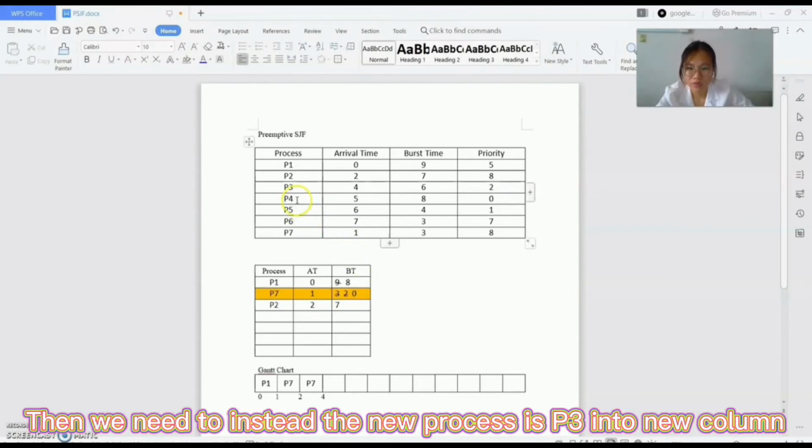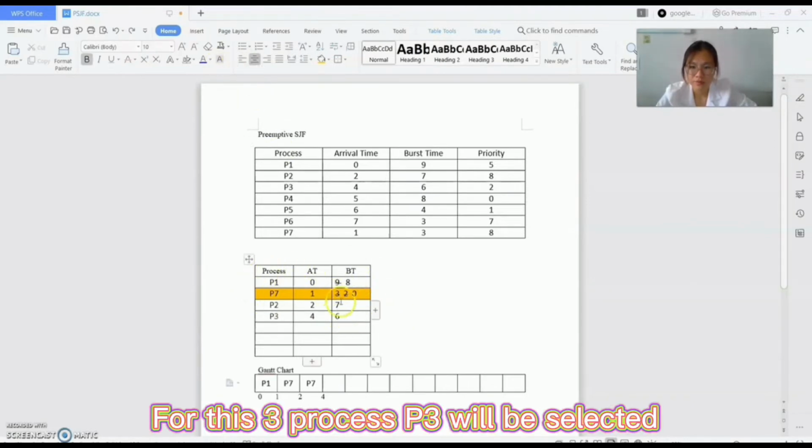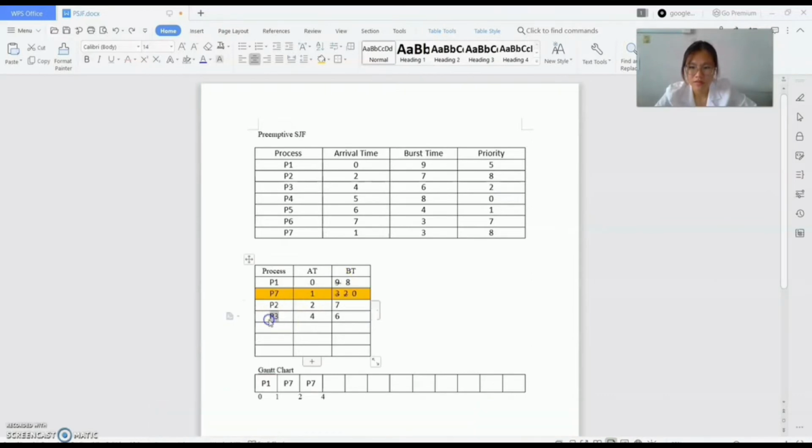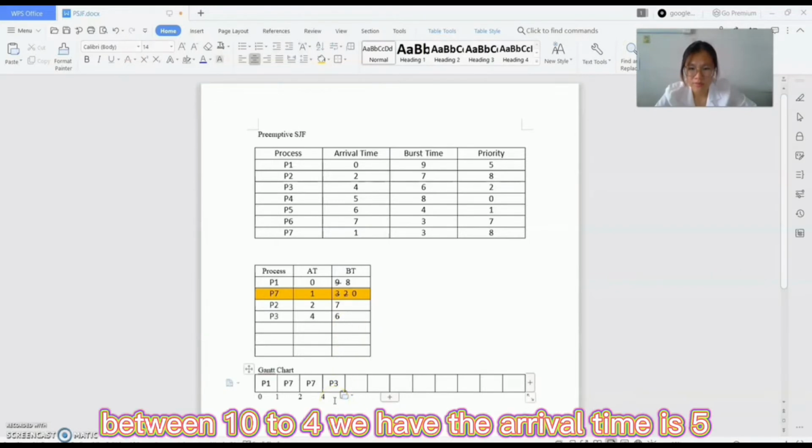And then we need to insert the new process, P3, into the column. For these three processes, P3 will be selected. The time interrupted here is 5, because 1 plus 4 is 5. Between 4 to 5, we have the arrival time is 5.